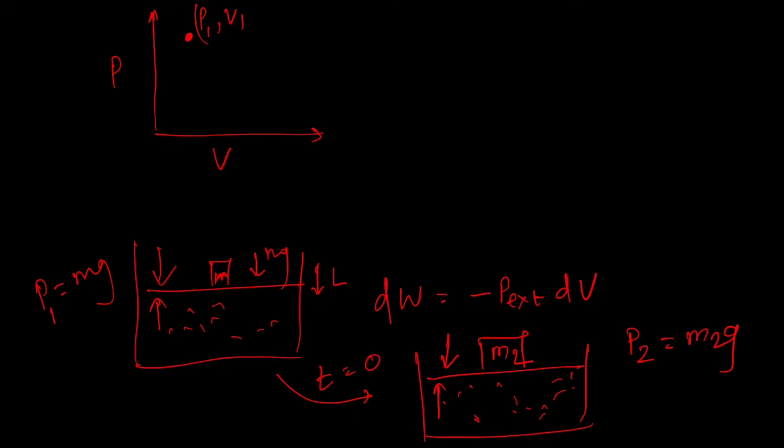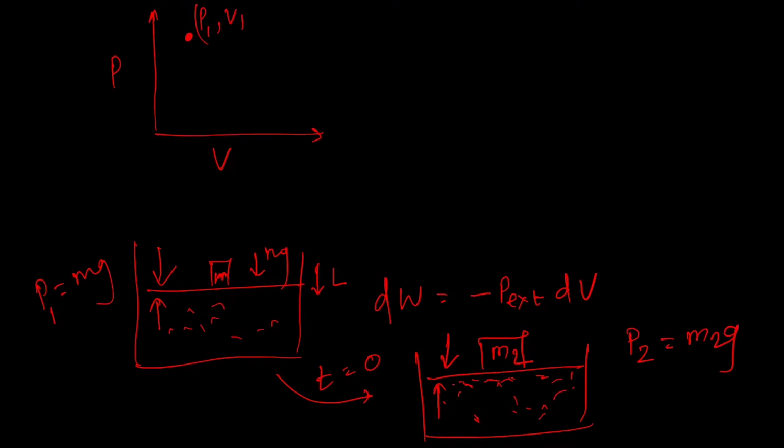The system will start to go to an equilibrium. Initially, the gas molecules here will try to adjust and there will be a lot of turmoil. This is typically called the non-equilibrium situation, which thermodynamics does not care about.